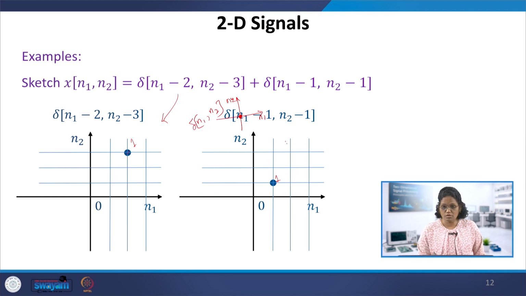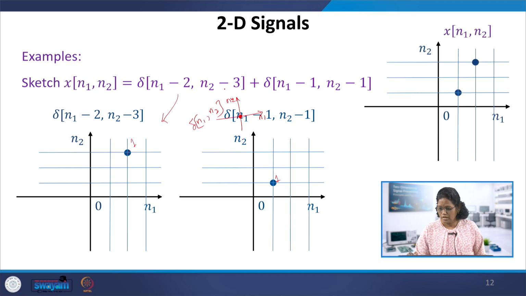When we add these two, we have only these 2 points as the summation x of n1 comma n2. This one is contributed by this signal, and this one is contributed by the other signal.